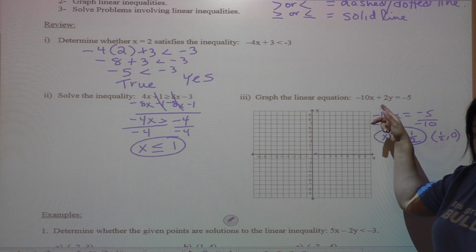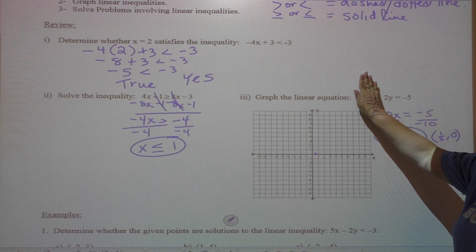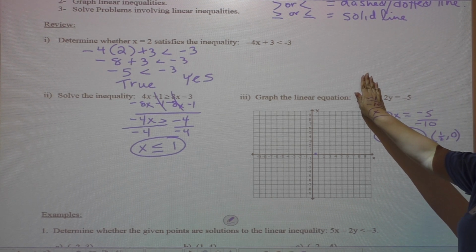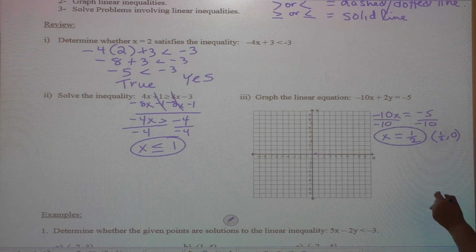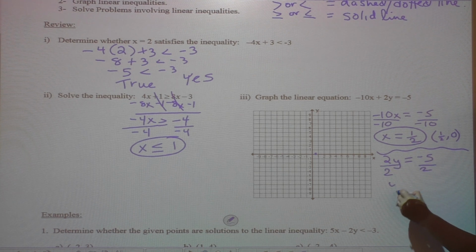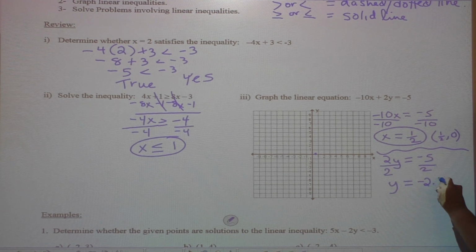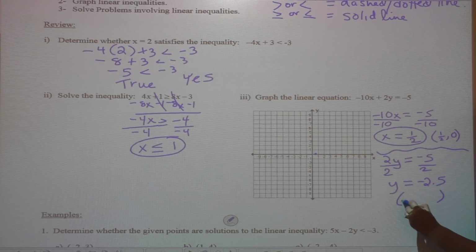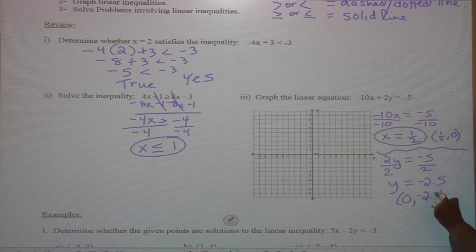For my y-intercept, that means my x value is 0. So if I just cover that up, I'm going to be left with 2y equals -5. Solving for y, I get y equals -2.5. So my ordered pair for this y-intercept is 0, -2.5.